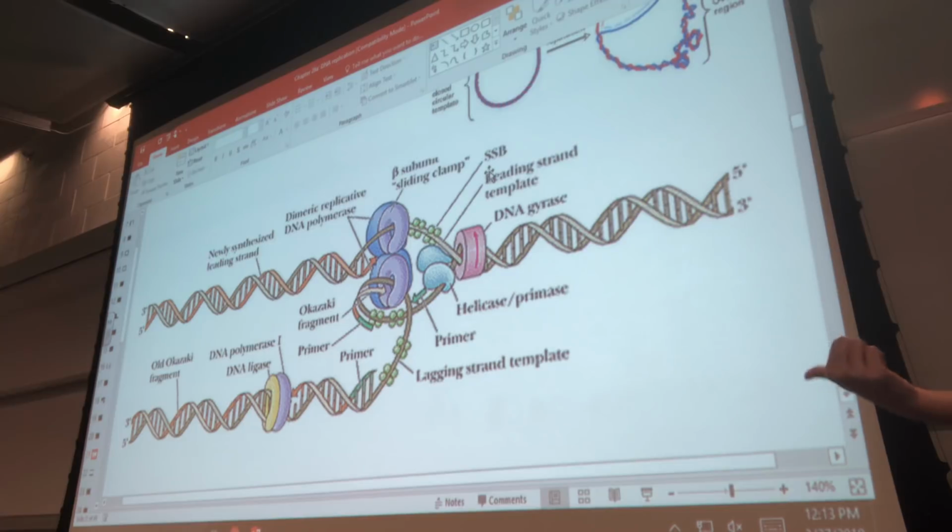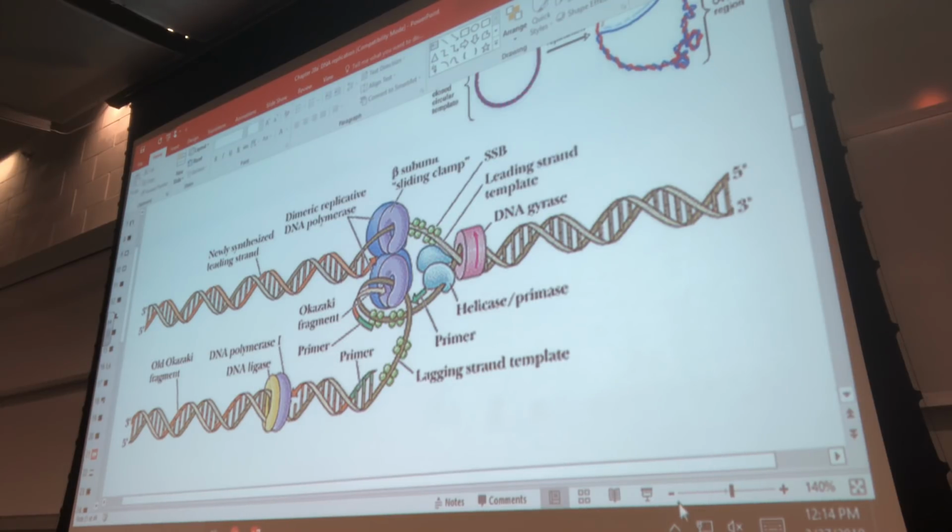This is a subunit that only DNA polymerase 3 has that gives it what's called enormous processivity, meaning all this clamp does is make sure DNA polymerase 3 is stuck to the DNA template. It cannot fall off, and if it can't fall off, it's going to keep replicating and replicating. So the reason DNA polymerase 3 has such enormous processivity is because of the beta sliding clamp.